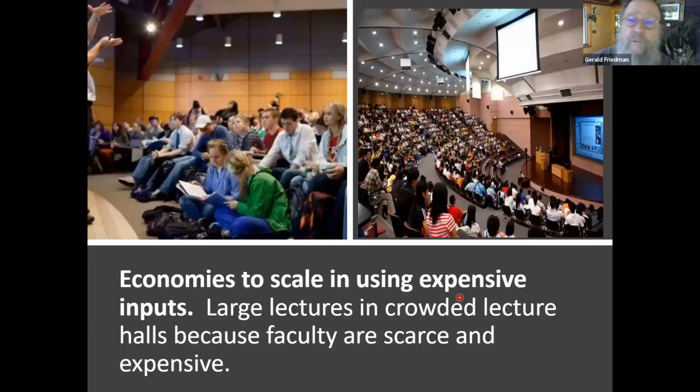Okay, economy of scale and teaching too. I can teach 200 students, I can teach 100 students. My first lecture class in 1982 at Tufts University, I taught 200 students. At UMass, I've taught as many as 800. Doesn't make any difference.